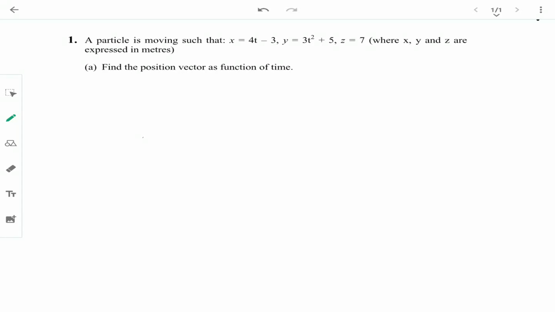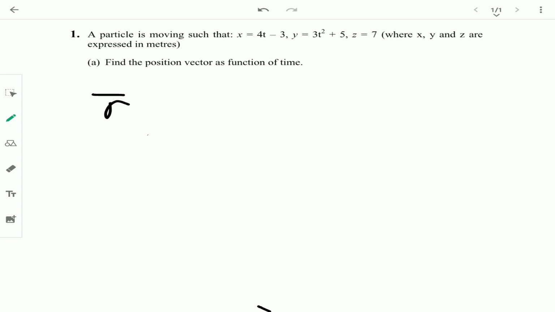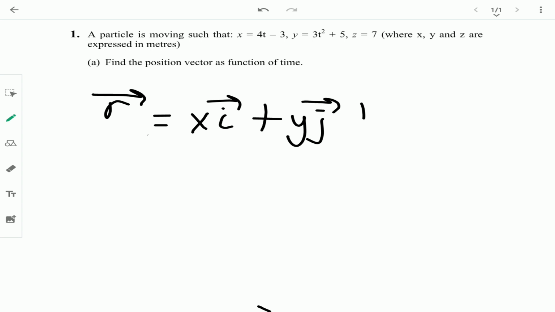Okay, I'm going to start solving the question. So what they want us to do is find the position vector. We all know the position vector is represented by r with the arrow on top. So this is the position vector equals xi plus yj plus zk, right?